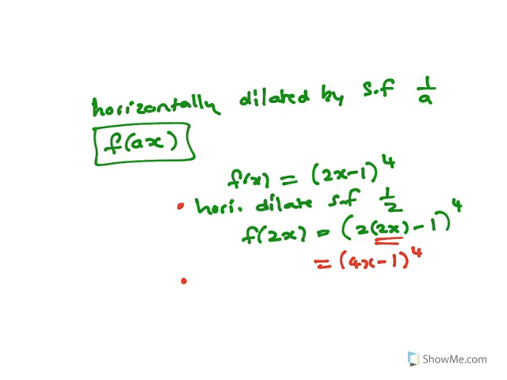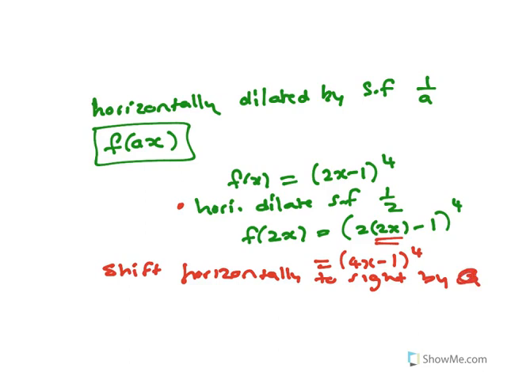If you wanted to shift a graph horizontally to the right, say by 3, or even let's just say by a, then where the x value is, you put f of x minus a. And if you want to move it to the left, you put f of x plus a.